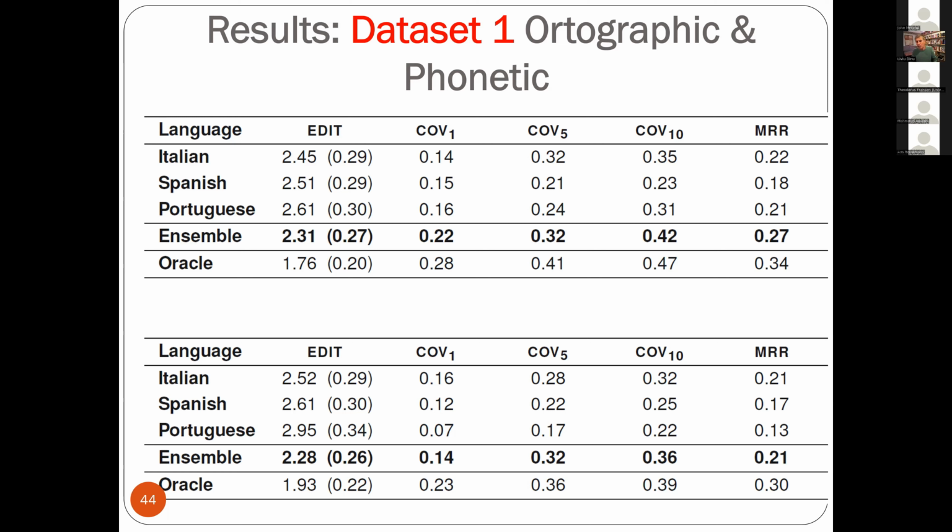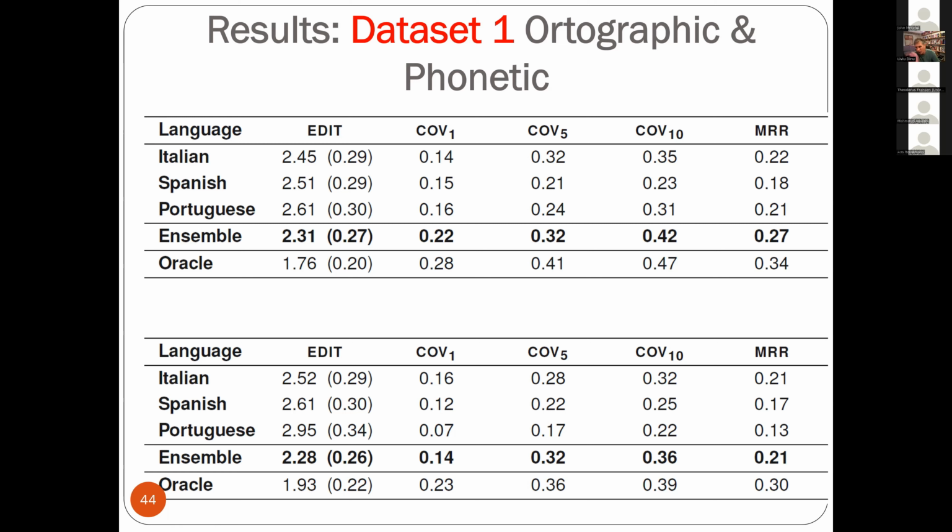So this is what we said. We decided to use this filter, the coverage 5. Coverage 5 means that our algorithm works well if we find the proto-word in the first 5 words which we obtain.